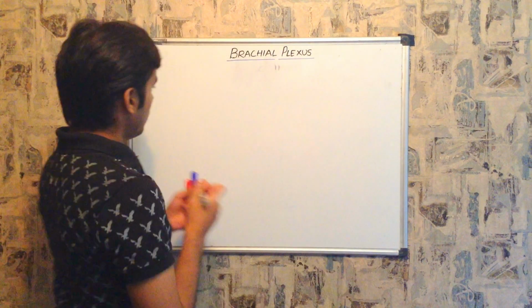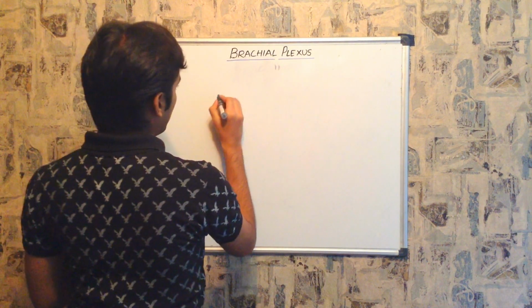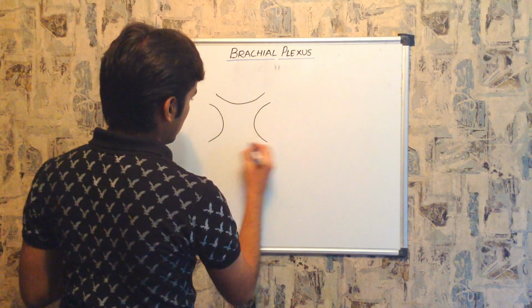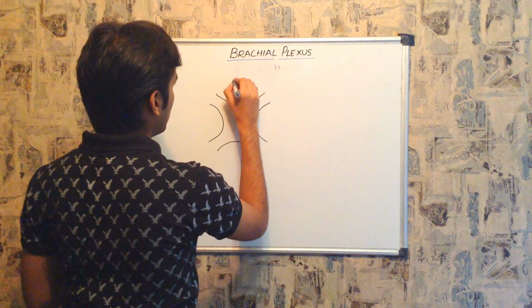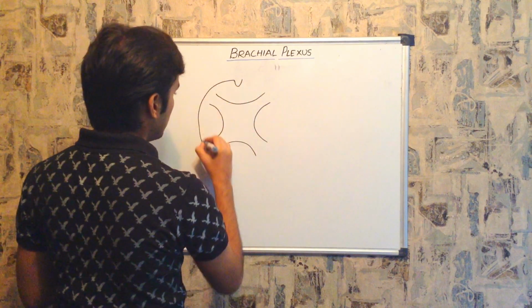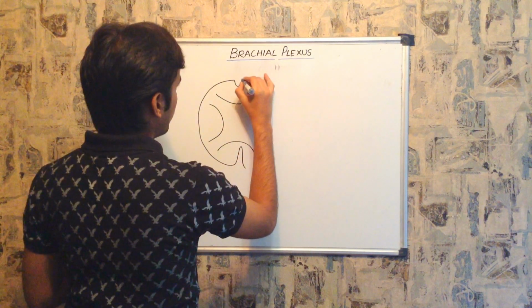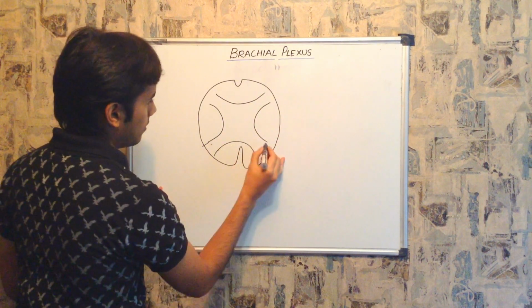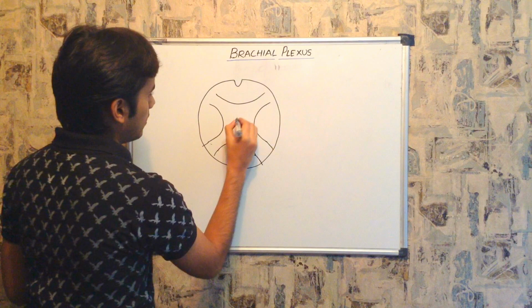So when you take out the section of the spinal cord, suppose this is the section of spinal cord, and there is the central canal.